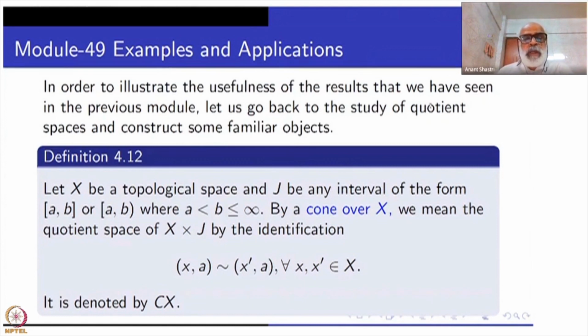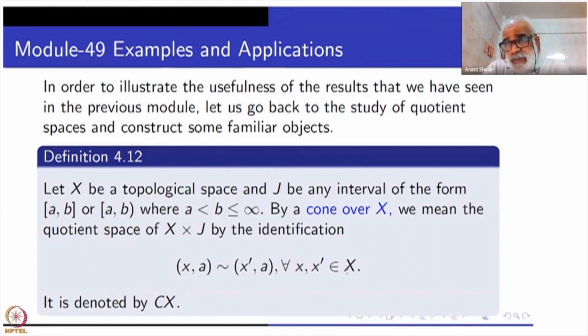Instead of writing A, B and so on, I will just write it as J. It will represent any one of them. By a cone over X, we mean the quotient space of X cross J by the identification (x, A) is identified with (x', A) for every x and x' inside X.